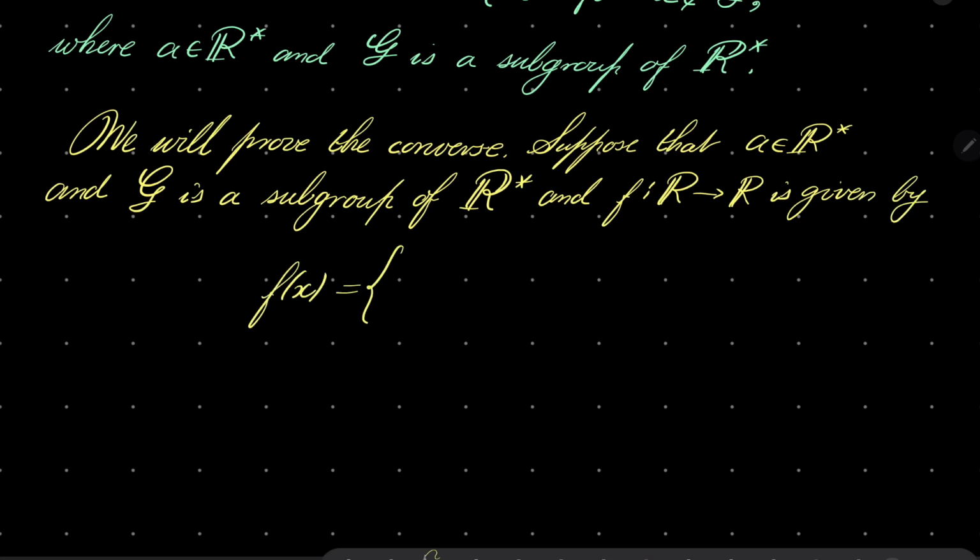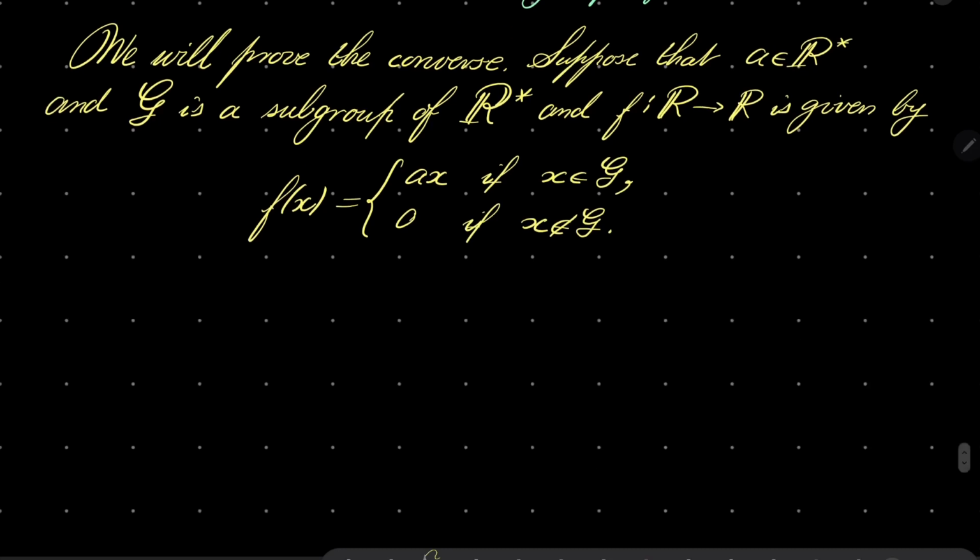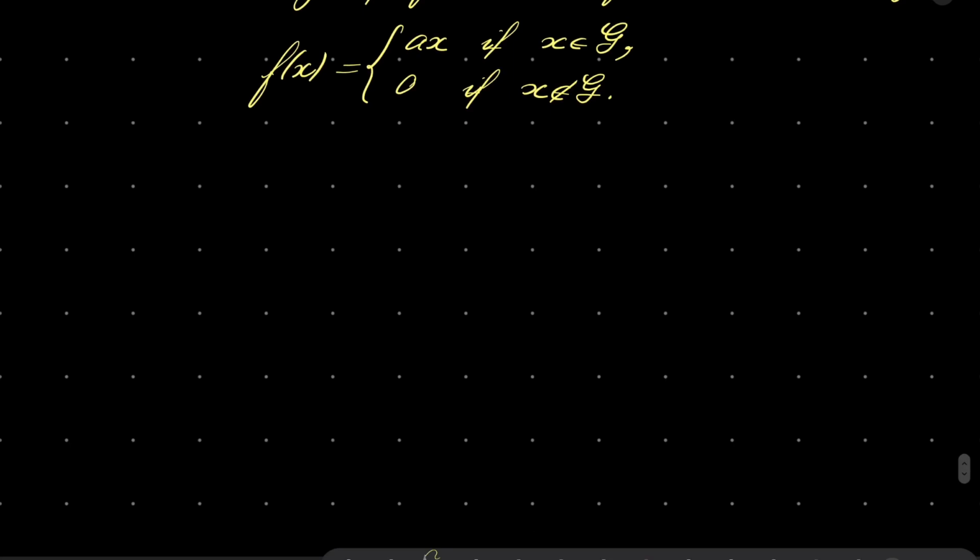So it's either ax if x is in G, and it's 0 if x isn't in G. I wish to show that this function satisfies my functional equation. And to do that, I will consider three cases.